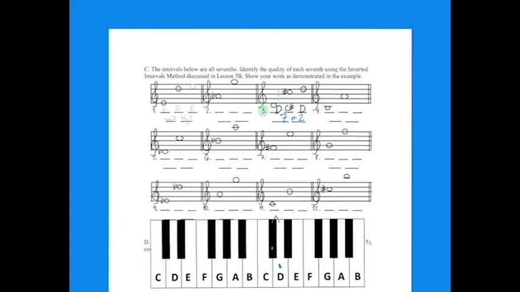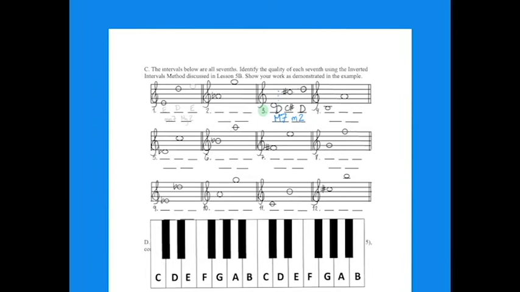So we add in our quality there. And then to find the quality of our original interval, we know that when a major interval gets inverted, it becomes a minor interval. So since we found that our inverted interval, C sharp to D, is a minor second, that means that our original interval, D to C sharp, must be major. And in fact, it is a major seventh.